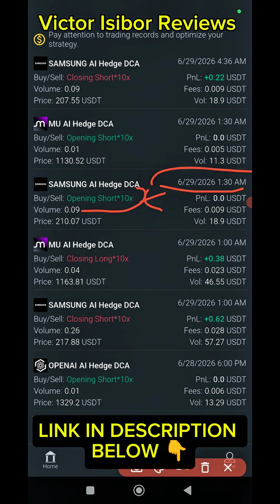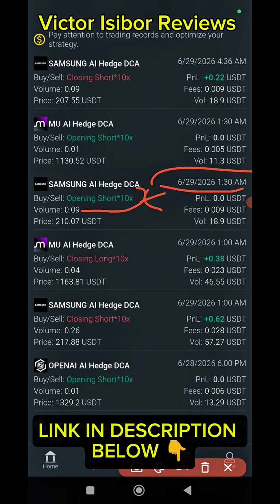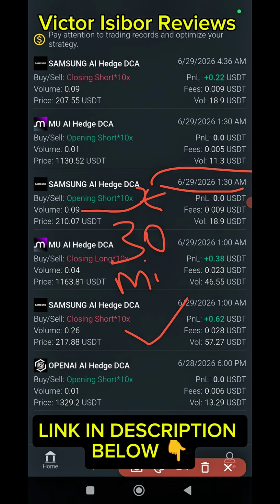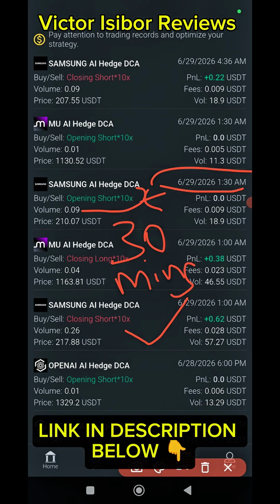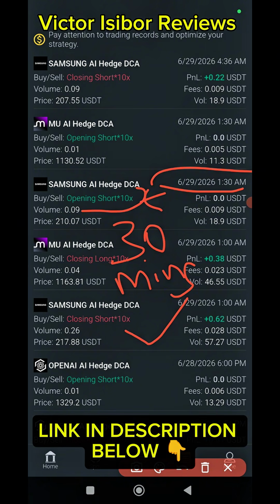See, opening short for Samsung. So after taking profit by 1 a.m., 30 minutes later, another trade is opened for the same stock, Samsung. So what the bot does is, it opens a trade when a signal is triggered and sent, and that triggers the bot to open a position.